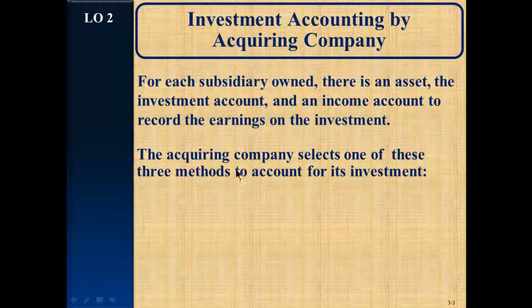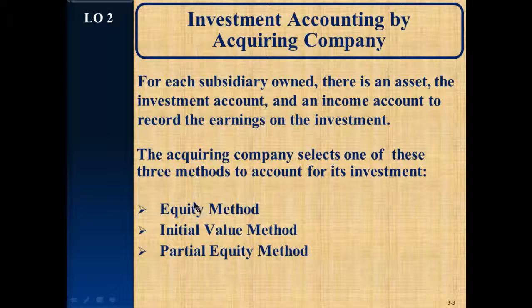And so that is how we'll set up this next bullet listing. You have three methods of choice in recording on an ongoing basis the investment you have in these subsidiary entities. Now, the first one you're very familiar with from Chapter 1, which is the equity method. So you just keep making those same entries on your books.